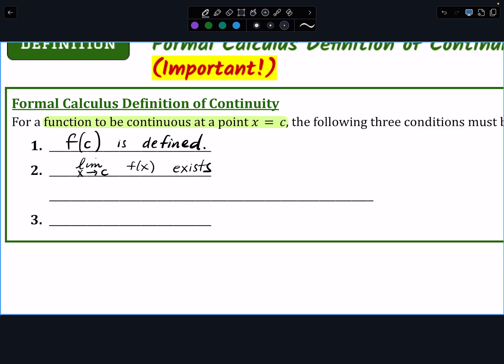The left side and right side limit must be the same. Good job. So the limit as x approaches c from the left of f of x is equal to the limit as x approaches c from the right of f of x. And in case you're confused, c is just a number. It could be 2, it could be 1, it could be 5.